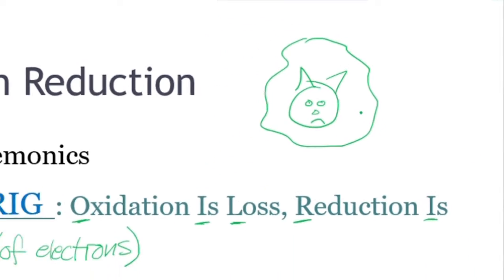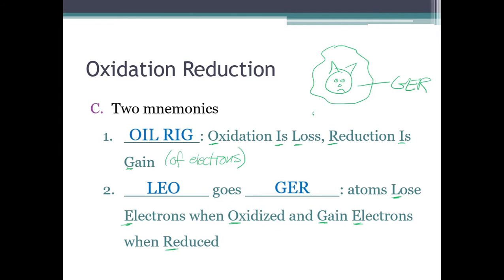He's a mad lion, so he's saying, grr. This is Leo. He's a lion. So either way, whatever you find easier to remember, OIL RIG, LEO goes GER. In any case, you need to know that if something is losing electrons, it's being oxidized. If it is gaining electrons, it's being reduced.